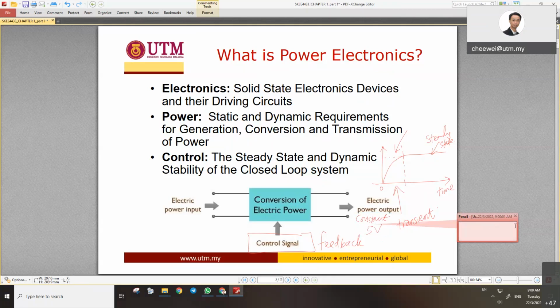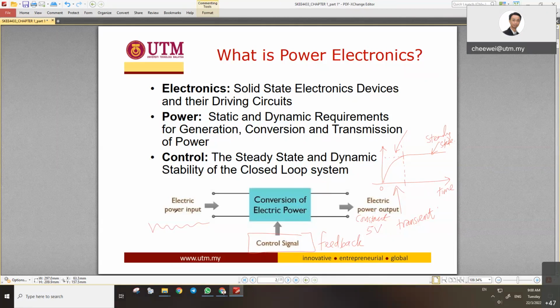You want to make it 5 volt all the time, no matter what changes here. It may be changing, but I want the output to be 5 volt constant. So the feedback will be doing the operation, plus minus, compensation, etc. So the output will maintain 5 volts all the time, regardless of what happened in the input.